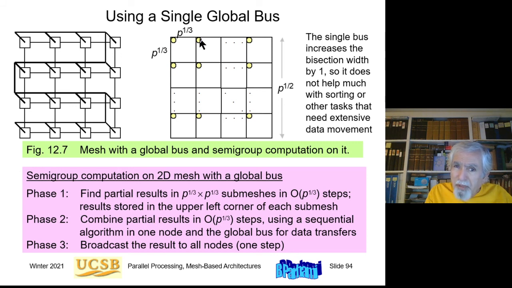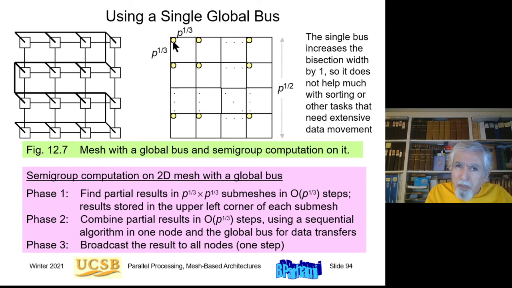And then the number of elements, these yellow elements that are the result of that semi-group computation, is cube root of p, because there are p to the 2/3 elements in each of these meshes, p to the 1/3 times p to the 1/3. And therefore there are p to the 1/3 such meshes, and therefore there are p to the 1/3 results from those meshes. And I can combine those one at a time by using the bus.